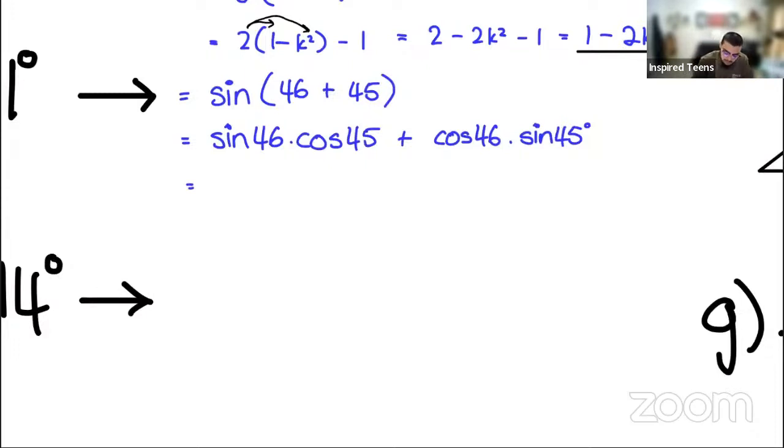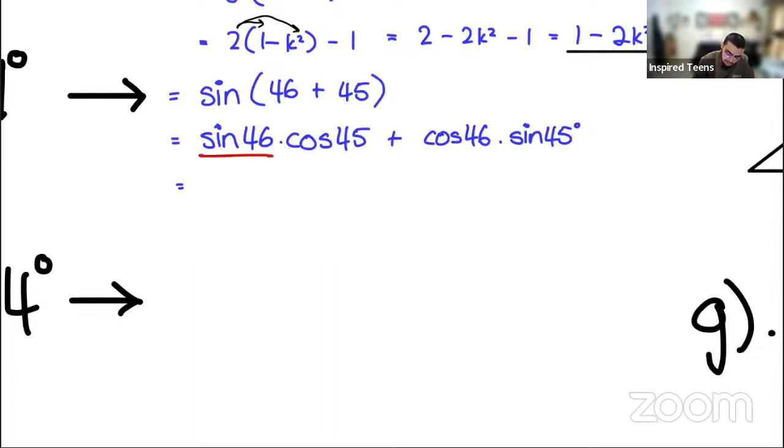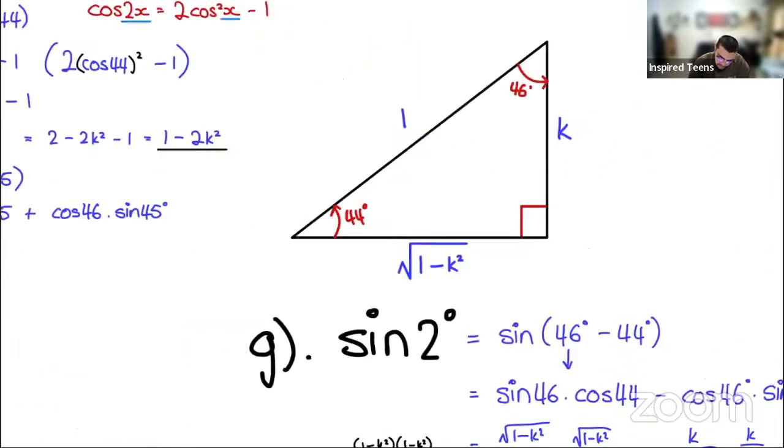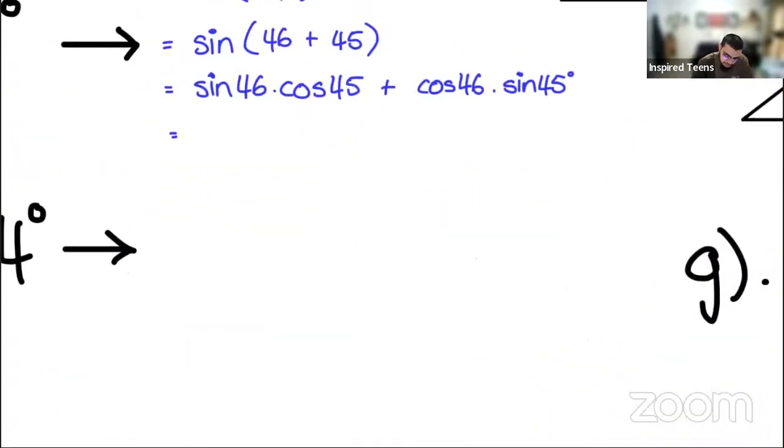So this we're going to get from the triangle, but this is a special angle, so we know its value, right? So sine 46 I can get from my triangle. Sine 46 is square root of 1 minus k squared over 1, times cos 45, which is 1 over square root 2 or square root 2 over 2.